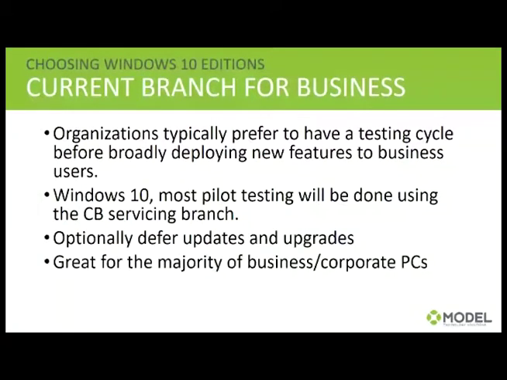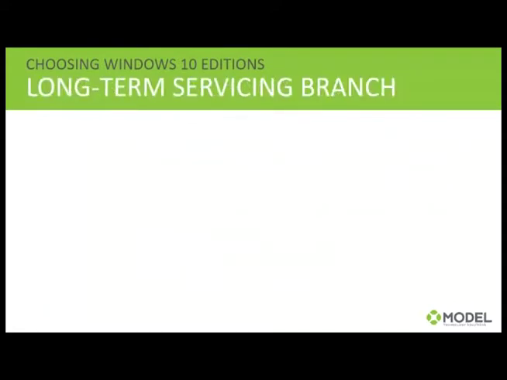It's great for the majority of business or corporate PCs as a way to control what revision of Windows 10 everybody is set to, okay? It's supported for 18 months in total, so keep that in mind. We're going to talk a lot more about that as we go down this webinar.